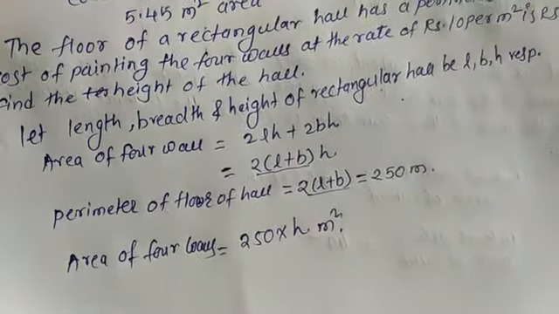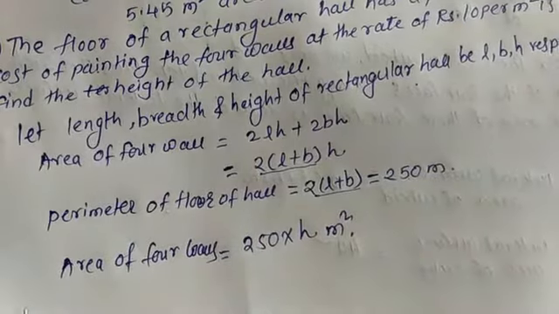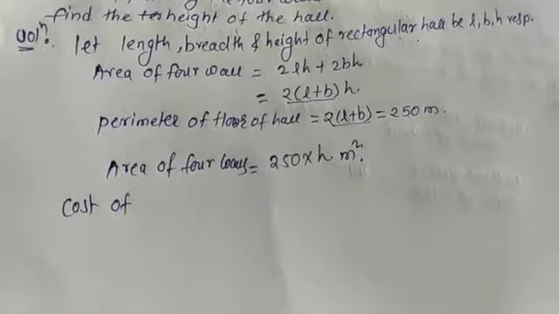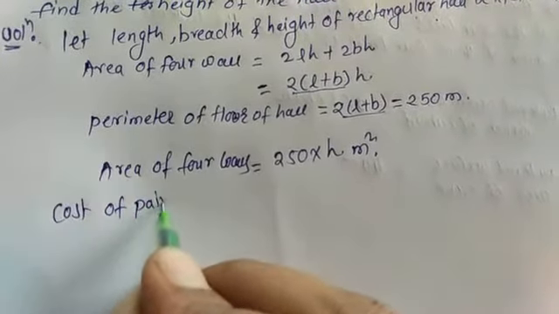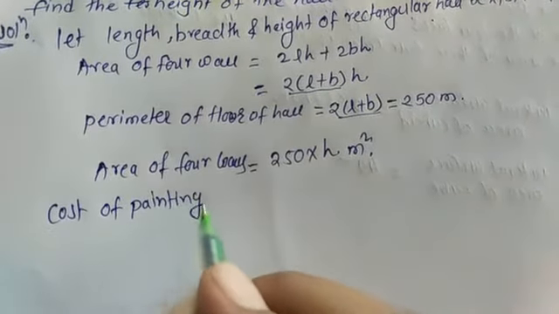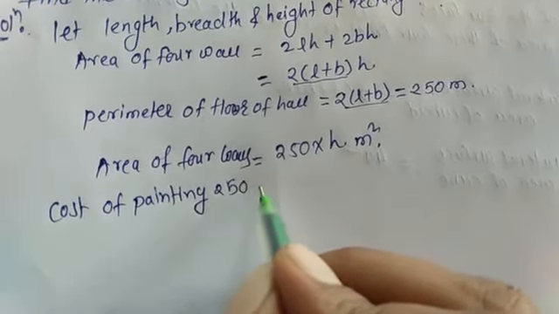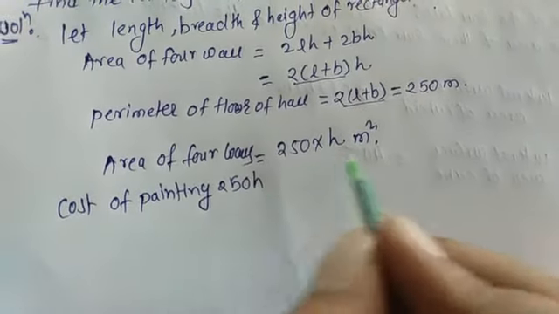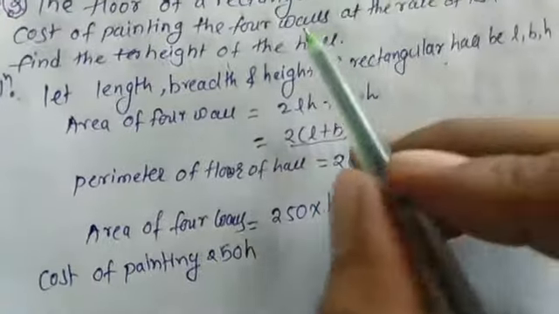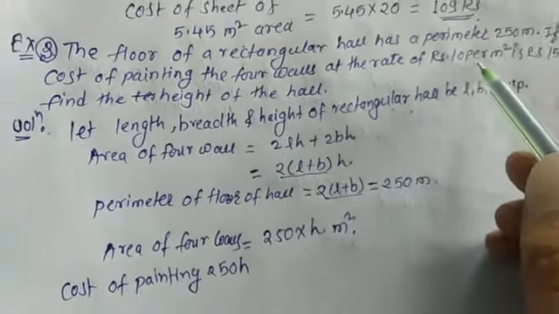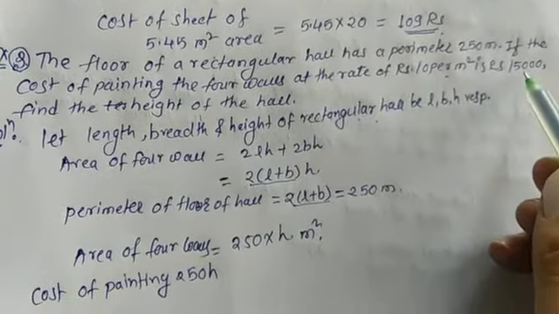Now here the cost of painting the 4 walls is given as rupees 10 per meter square, total 15,000.